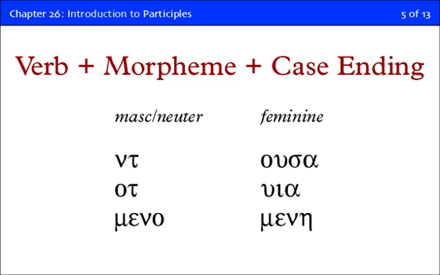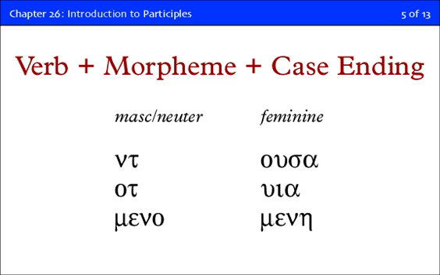That's the actual participle part of the participle, so to speak. If the participle is masculine or neuter, those are the endings you're going to tend to see. When you switch over into the feminine, they're changed quite a bit. Nt becomes usa, omicron tau goes to via, and then nicely, mena goes to mene. It's still identifiable. So you may want to memorize five morphemes.